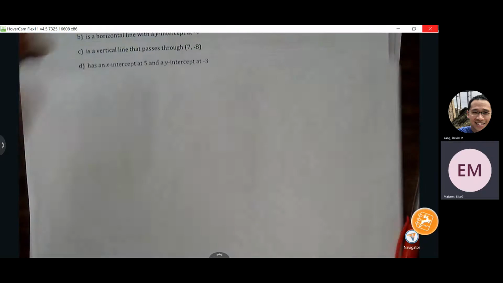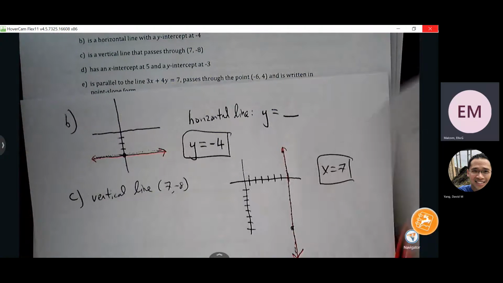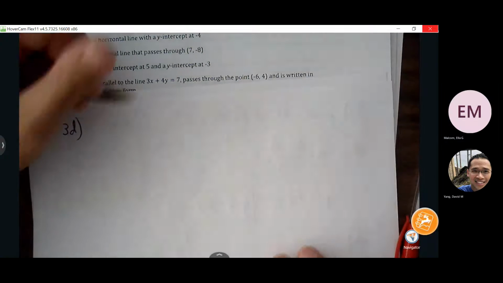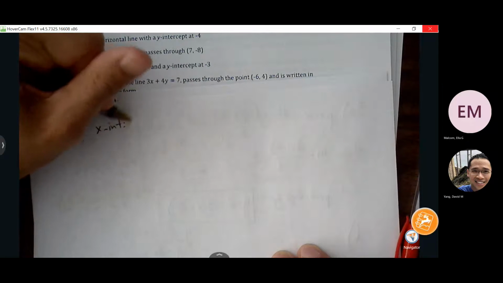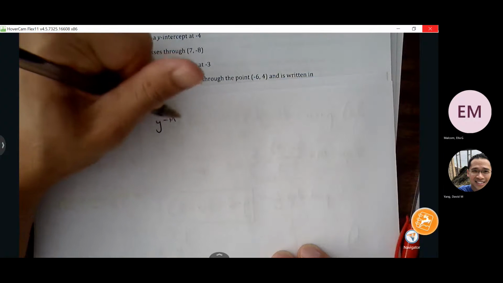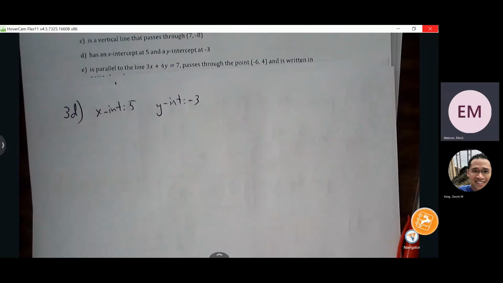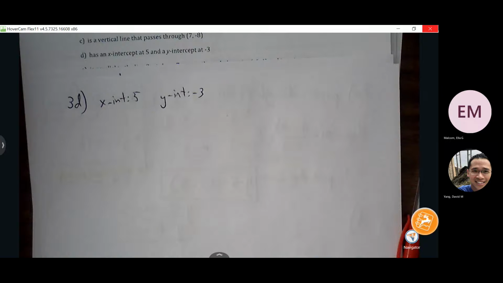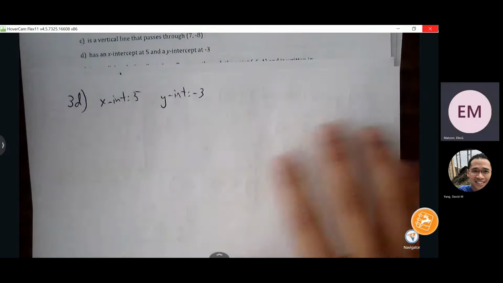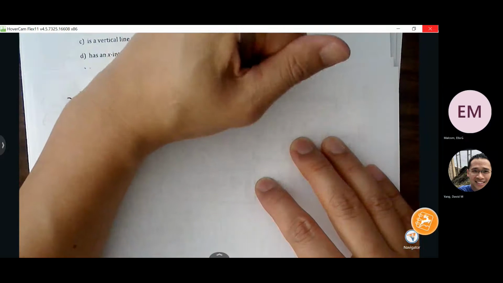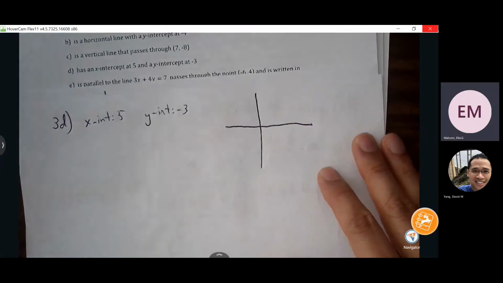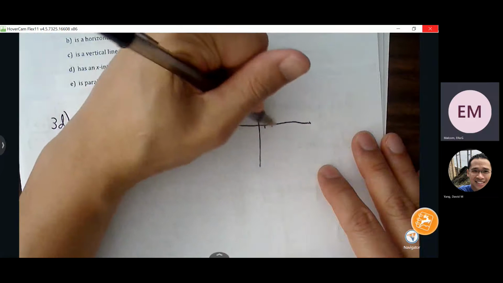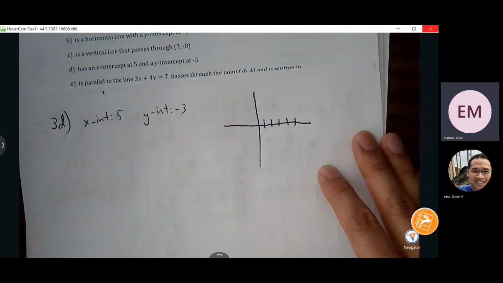Has an x-intercept at 5, y-intercept at -3. So does that mean one line is crossing through both those points?